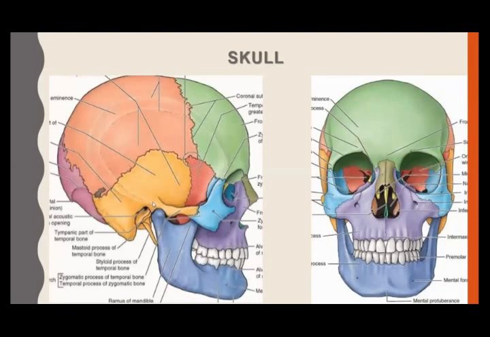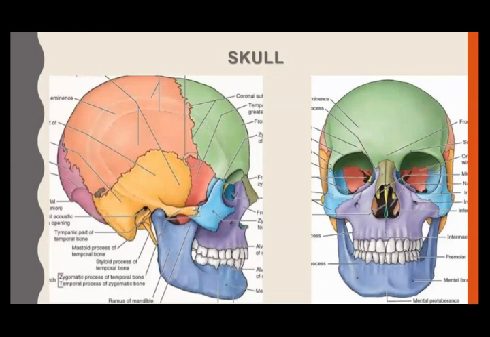So this arch is formed by both. The zygomatic arch is formed by two bones, the zygomatic process of the temporal bone and the temporal process of the zygomatic bone. Here you can see the temporal process of the zygomatic bone.